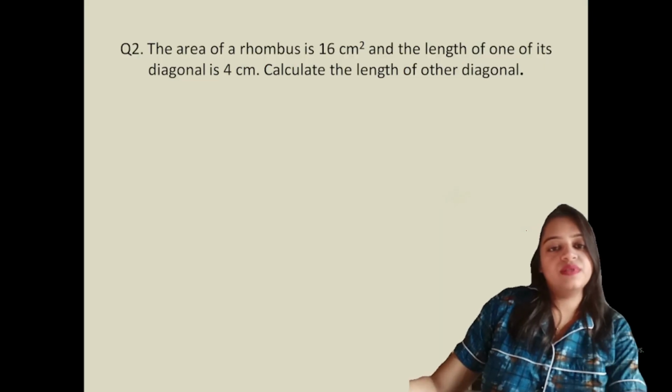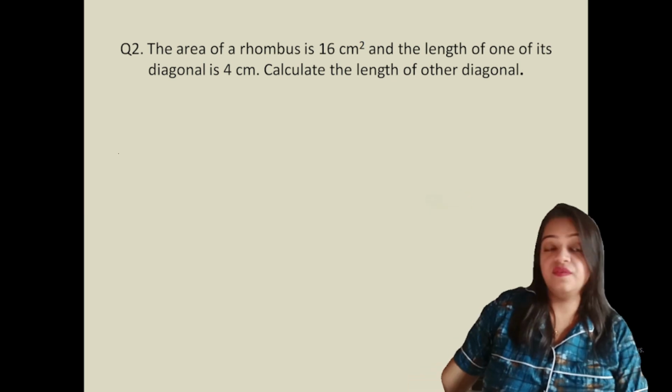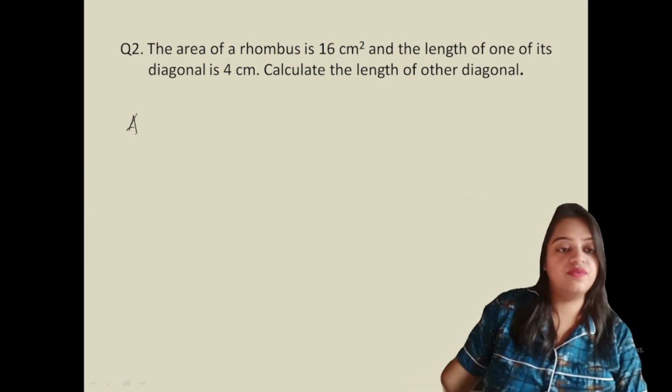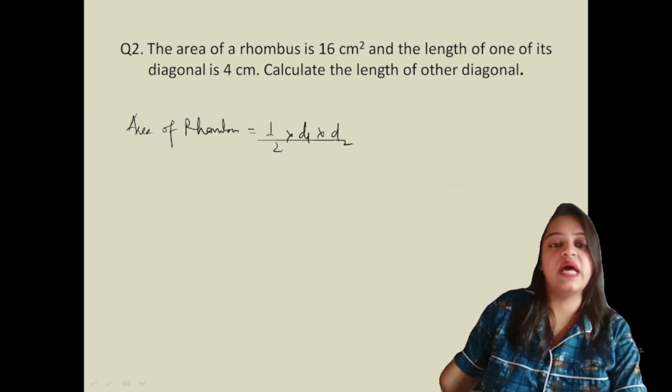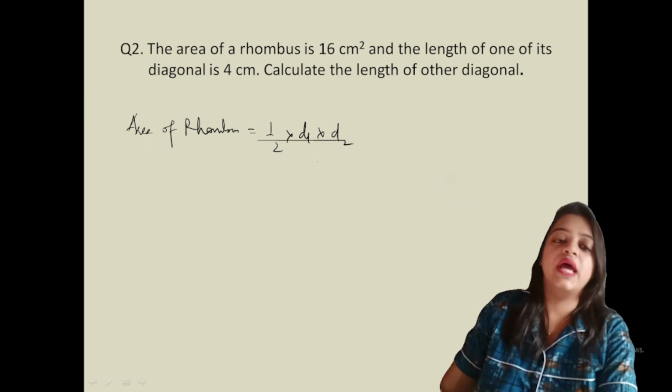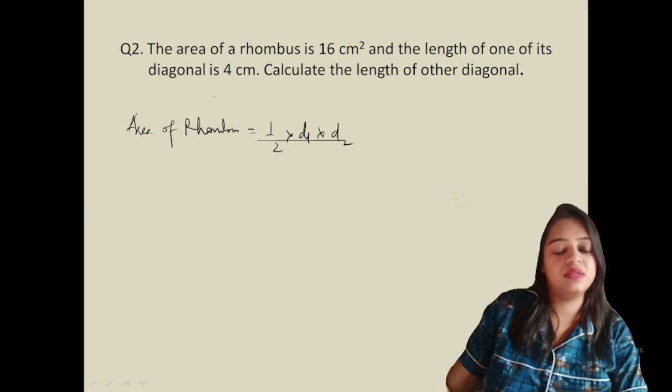Area of a rhombus is given, length of one of its diagonals is given, and the question is to find the length of the other diagonal. So the formula for area of rhombus is half into d1 into d2. d1, d2 are diagonals. Rhombus has two diagonals, so area of rhombus is half into diagonal 1 into diagonal 2. Let's put the values now.